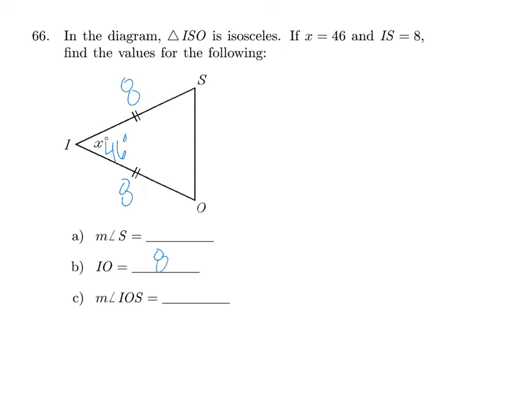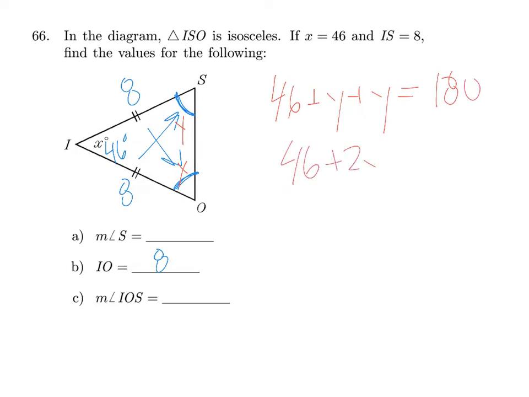That's really easy. To figure out S and IOS, I know that the angles across from the congruent sides are congruent. So I'll call these y. And I know 46 plus y plus y is equal to 180. So 46 plus 2y is equal to 180.